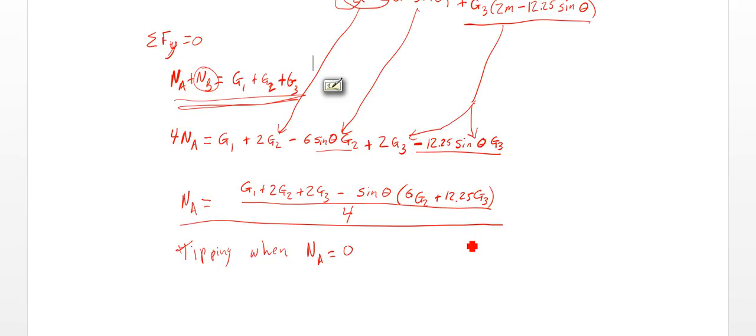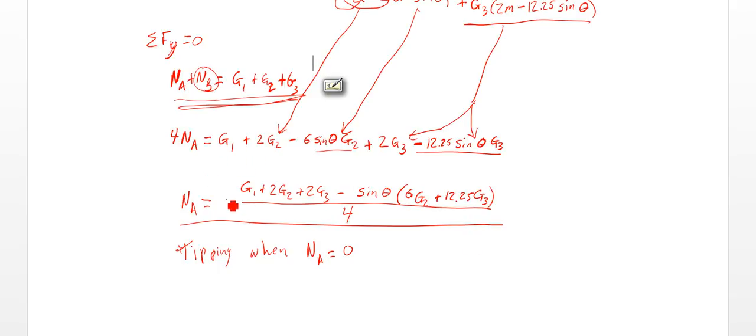Plus 2g2 plus 2g3 minus sine theta 6g2 plus 12.25g3, and all those g1s and g2s we have to multiply by gravity to actually find a force in newtons. So I'll just put a small g out front of that. So let me write what I just said there.